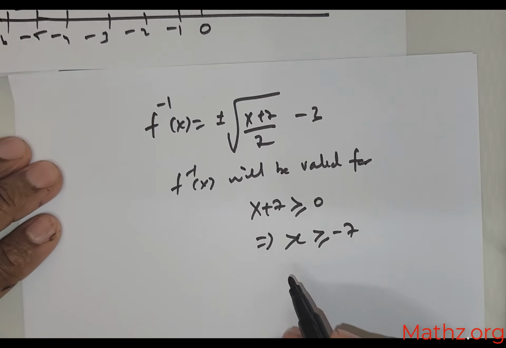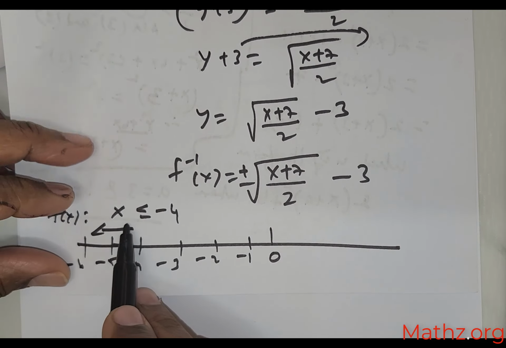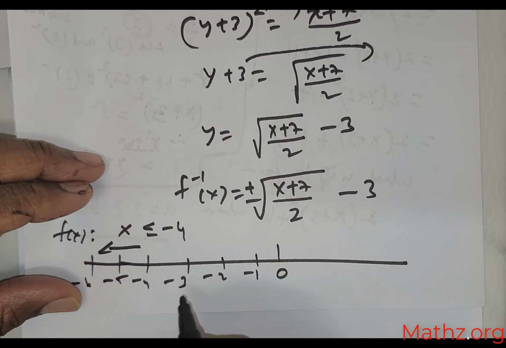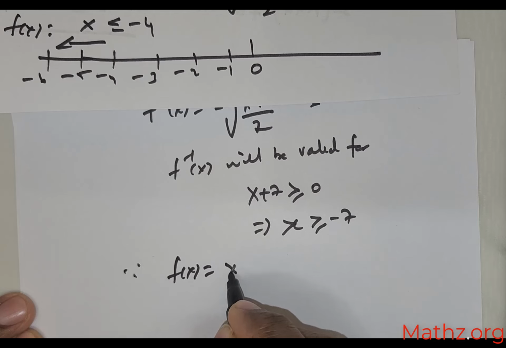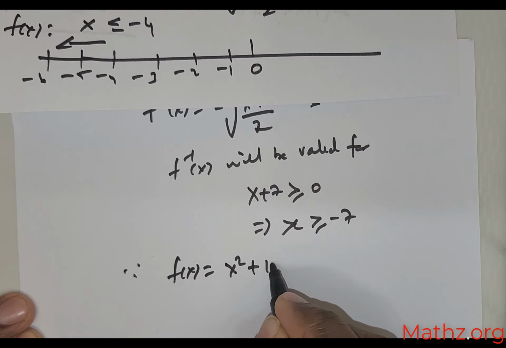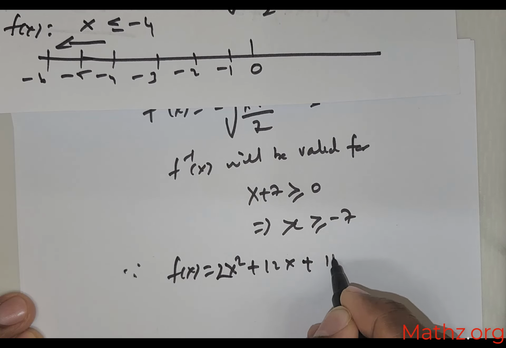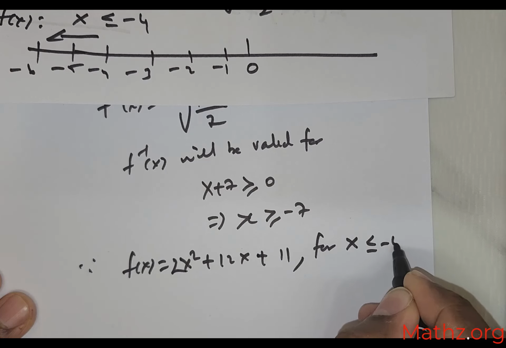Why? Because as I mentioned, x is less than or equal to negative 4 for f of x. Now f of x is actually 2x squared plus 12x plus 11 for x less than or equal to negative 4.